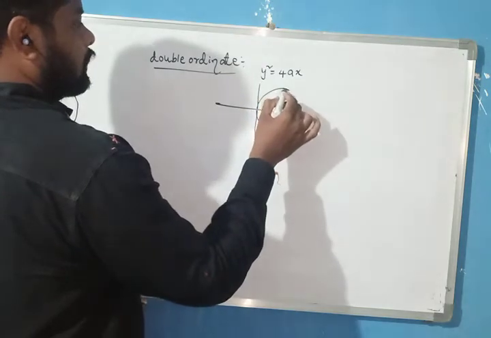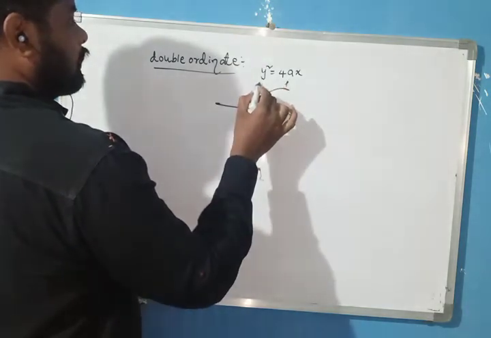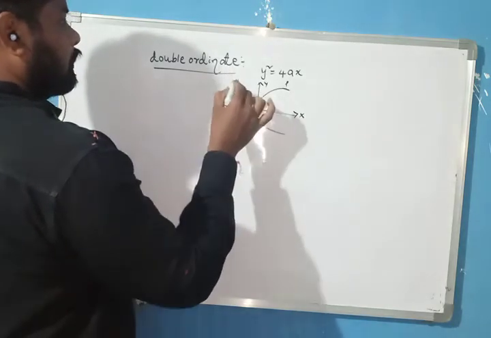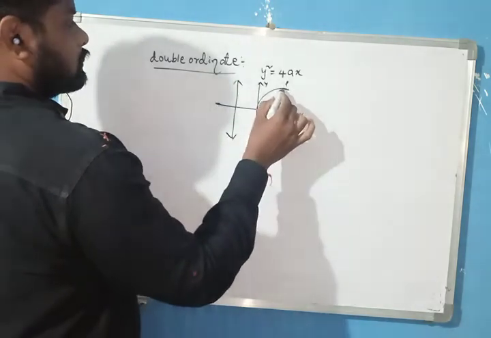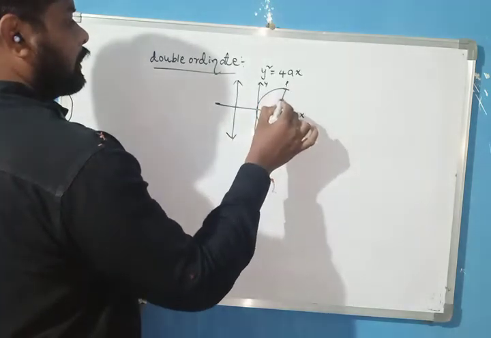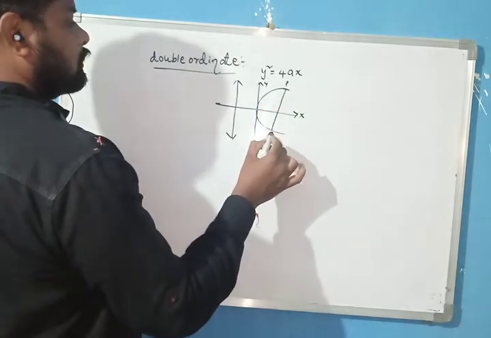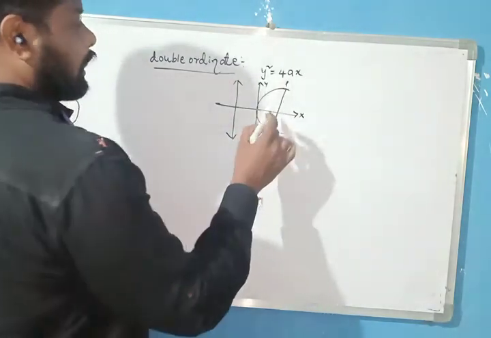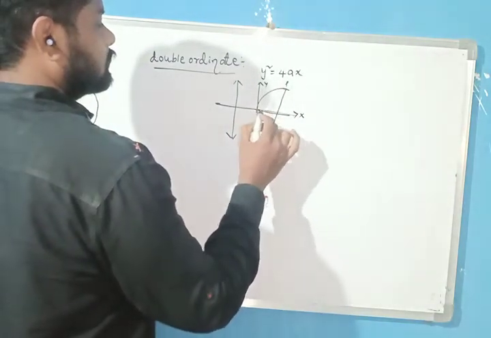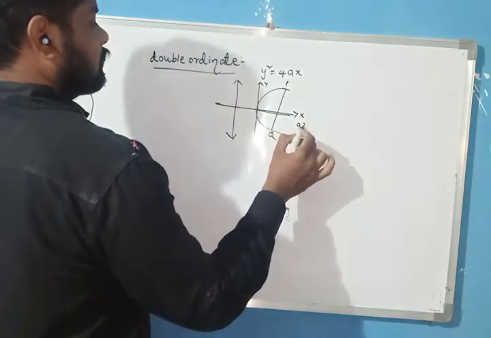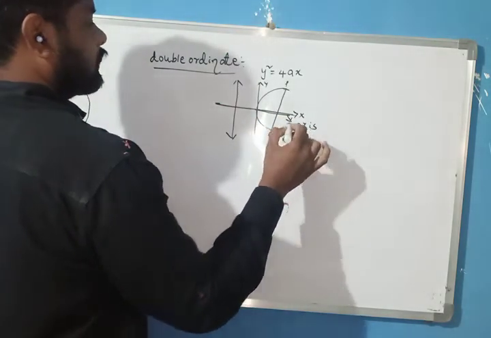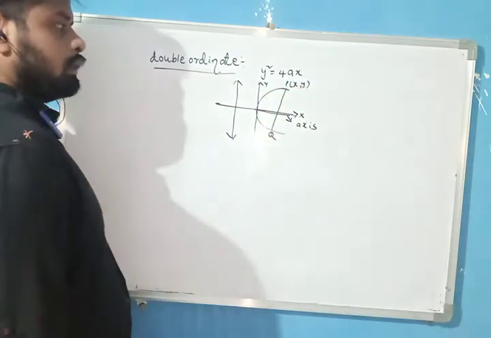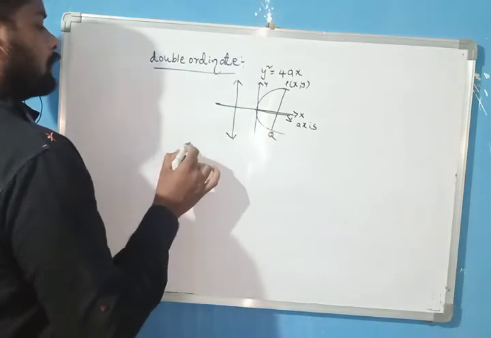The line passes through the points P and Q and is perpendicular to the axis. This is the axis. It is passing through some point P(x, y). That PQ is called double ordinate.